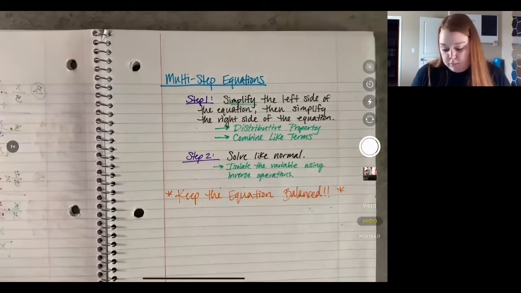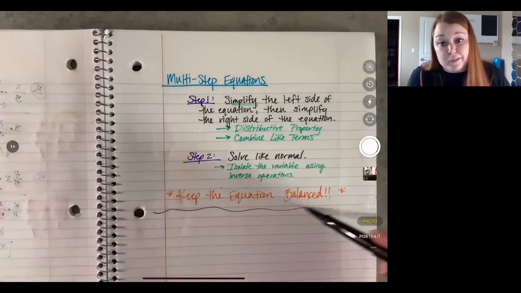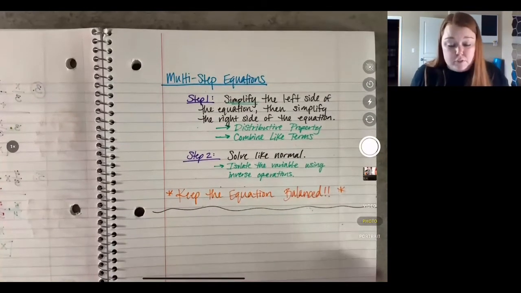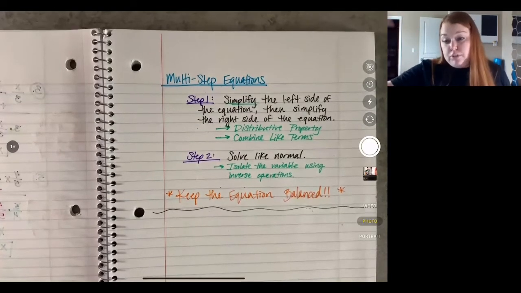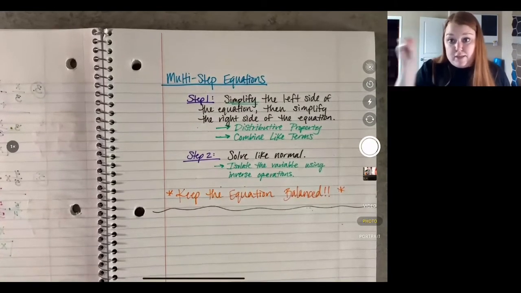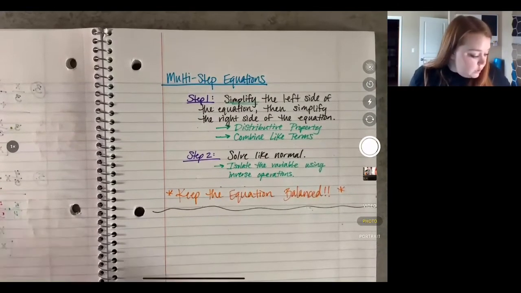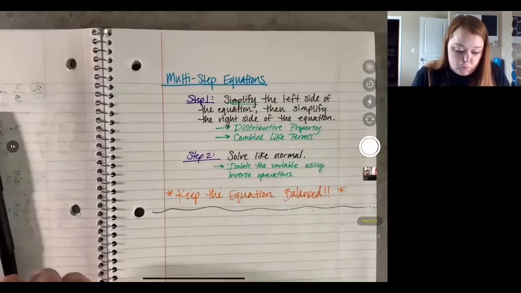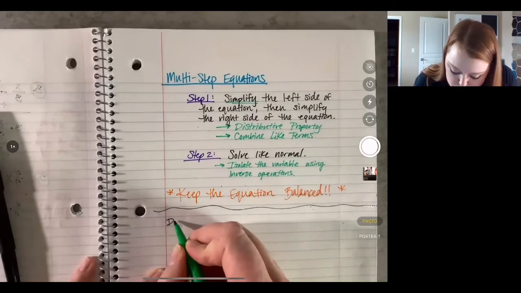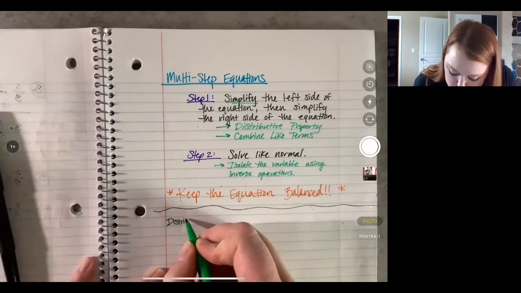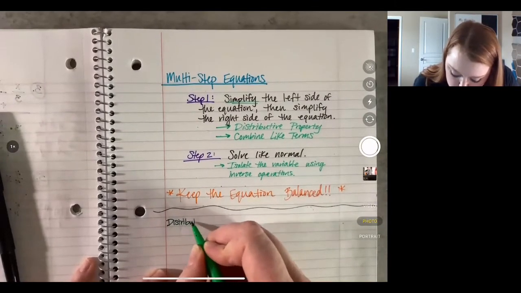Obviously, hopefully we know what balanced means. Whatever I do on one side, I have to do to the other. When you're solving, if you're using inverse operations over here, you have to do that same thing on this side. So let's first start with some distributive property questions. I'm going to put this as a category in the notes, distributive property.